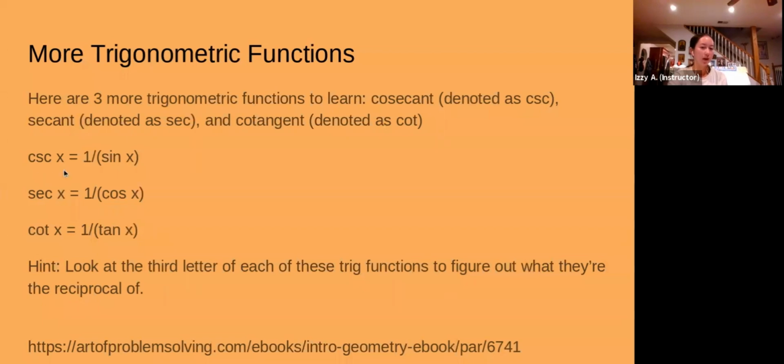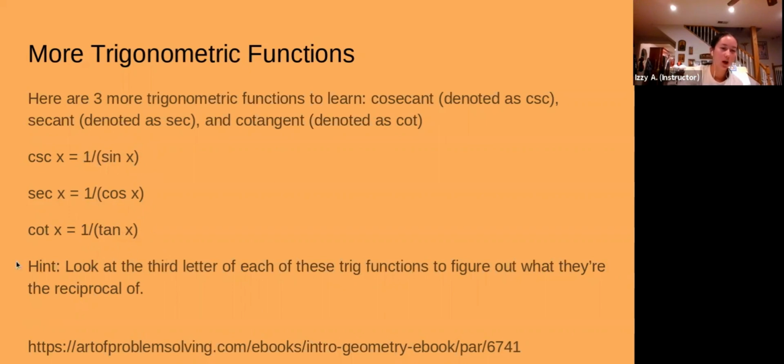So cosecant of x would equal the reciprocal of sine of x, or 1 over sine of x. Secant of x would equal 1 over cosine of x, and then cotangent of x is equal to 1 over tangent of x. Basically, these three trigonometric functions are reciprocals of the previous three functions that we were talking about.